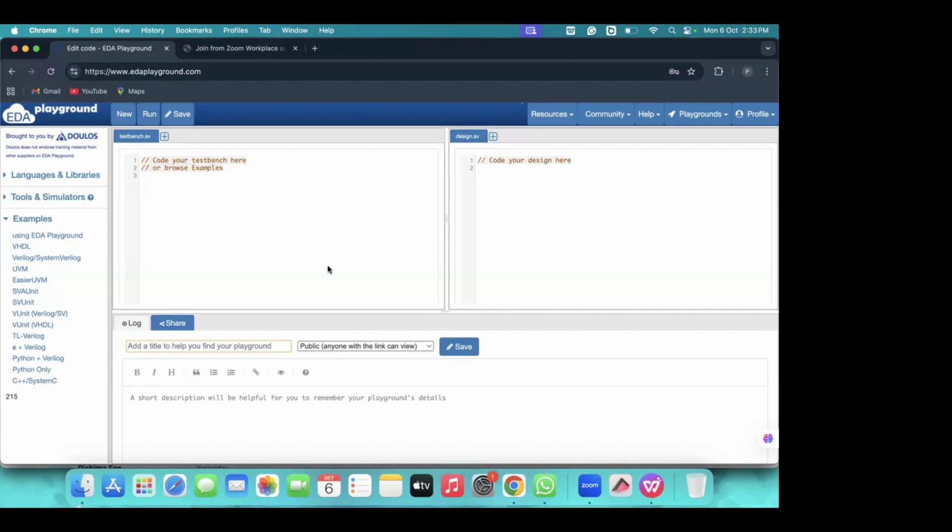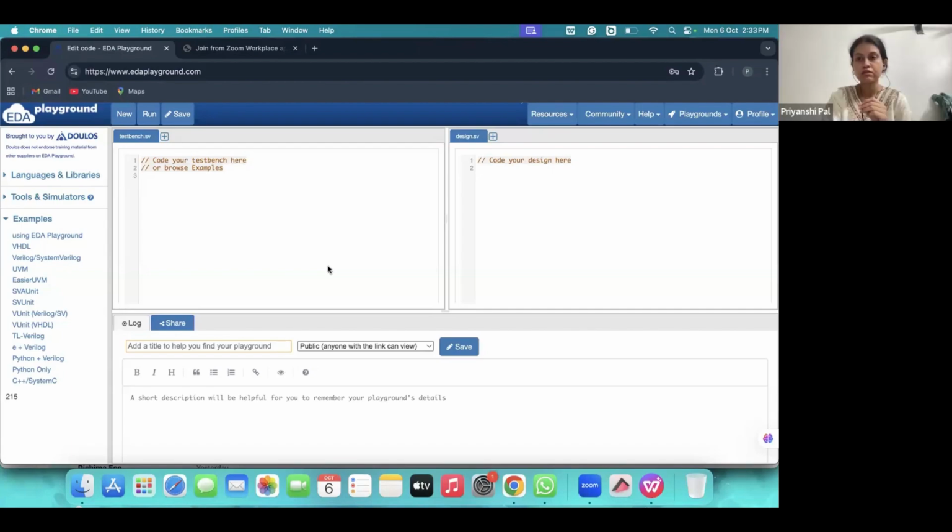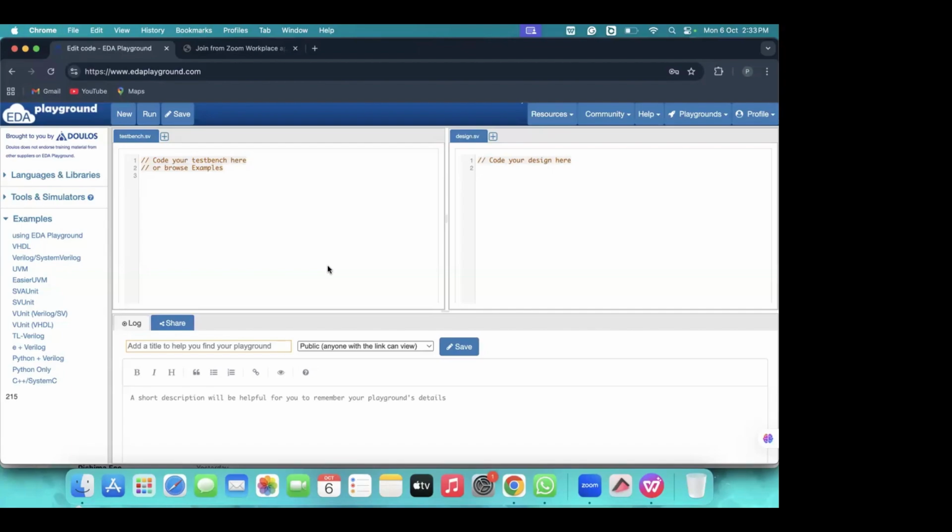You have SystemVerilog and UVM, right? Yes, ma'am. So you know about the modport and clocking block in SystemVerilog?